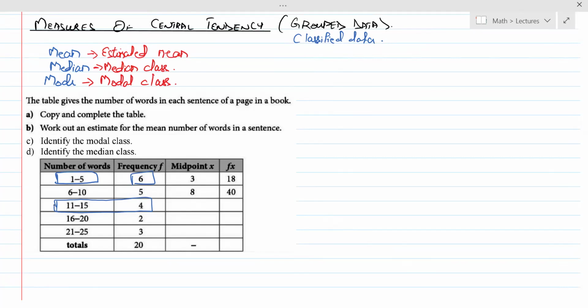So 11 to 15 means it can have 11, 12, 13, 14, or 15 words. All these would be falling in this range, and there are 4 such pages which would be having the number of words 11 till 15.